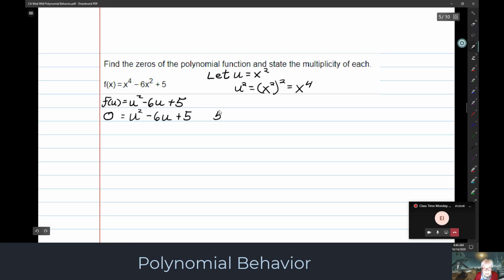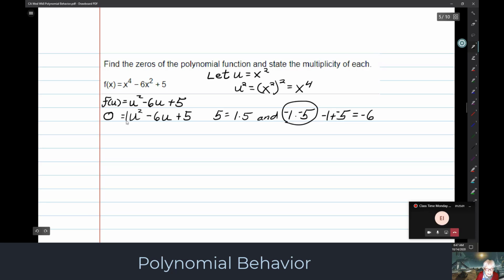And 5 equals 1 times 5, but it also equals -1 times -5. And -1 plus -5 equals -6. So I am going to use -1 and -5 to factor this.